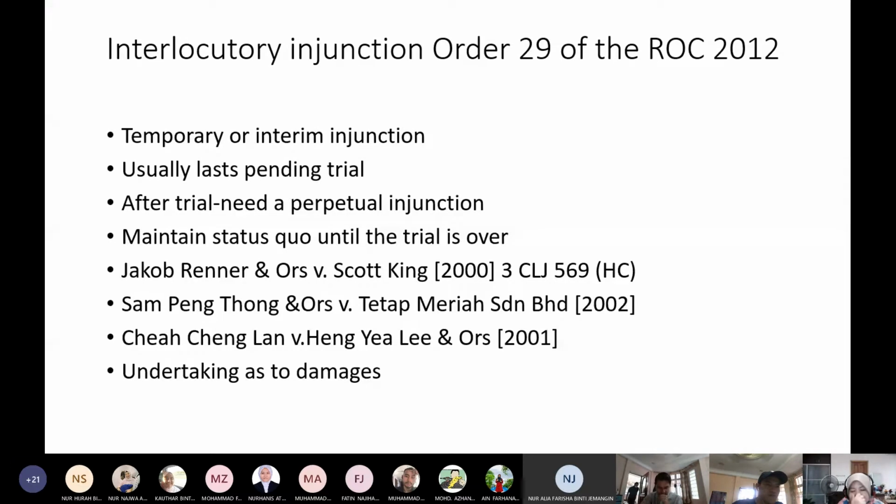Remember, we have some modes of commencing an action, which are writ of summons and so on. This is another type of commencing, but it's called a notice of application. It has its own form. Usually when you do a notice of application, you do it with an affidavit. What is an affidavit? It is a sworn statement.